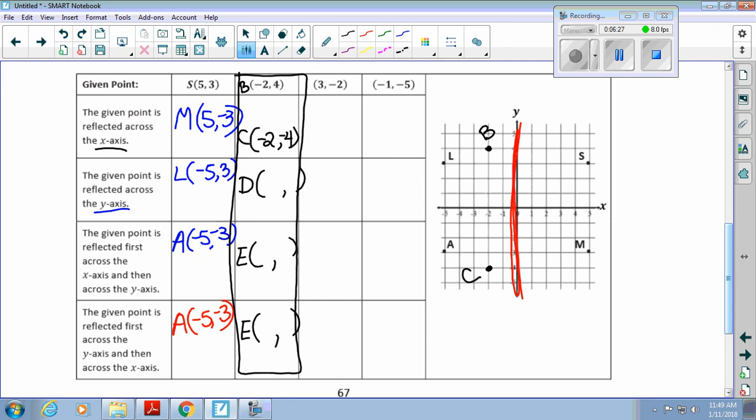Nope, that would put us down here. We're starting with B, okay? Start with B. Kathy. 2, 4, very good. We're going to go over 2 and up 4. Each time you start with that original point. Go back to your original. Okay, so this will be point D, and Cassie told us 2, 4.